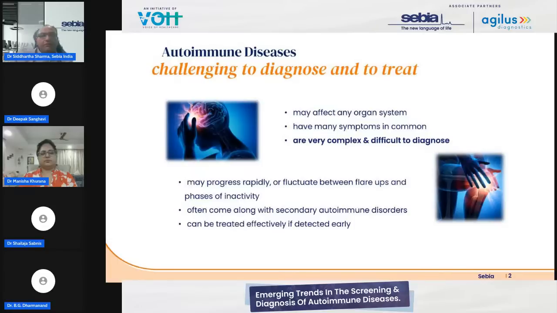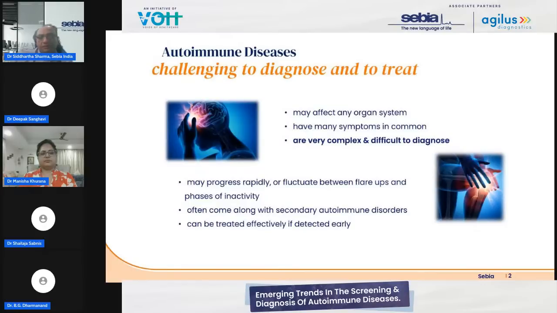They often come along with secondary autoimmune disorders and can lead to the development of other antibodies apart from the primary autoantibodies which exist, and they can also be treated effectively if detected early. So early detection is quite important for any autoimmune disorder.